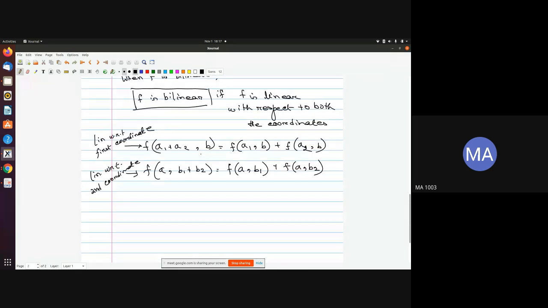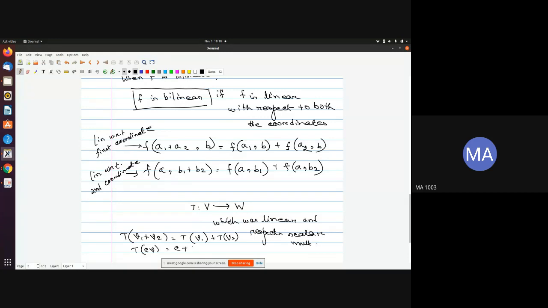Linear transformation means a function from a vector space V to a vector space W, which is linear and respects scalar multiplication, right? So I had these two things: T of V1 plus V2 breaks down to TV1 plus TV2, and T of CV is the same as C times TV, correct?